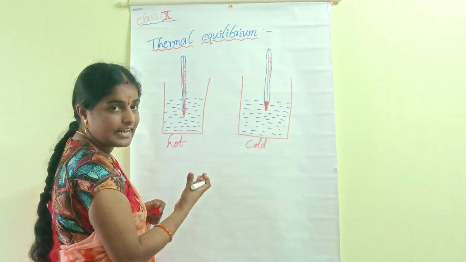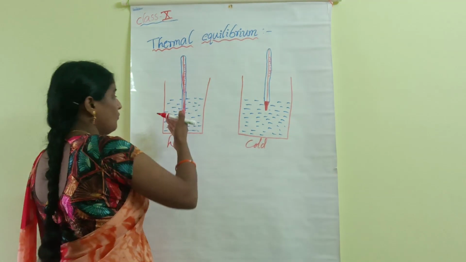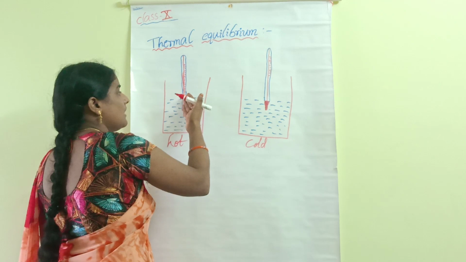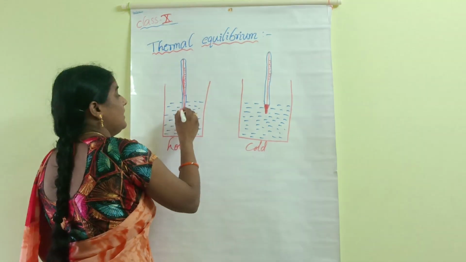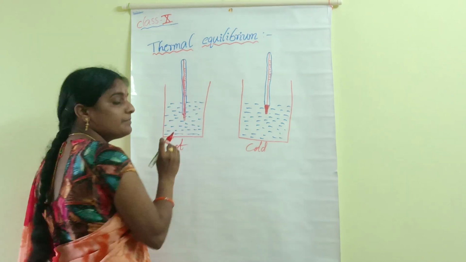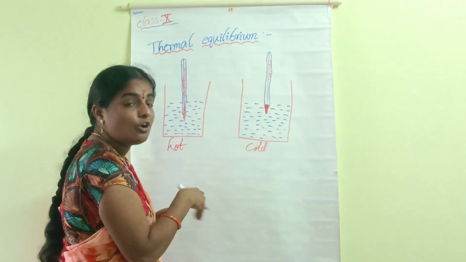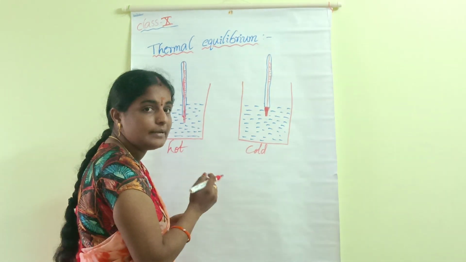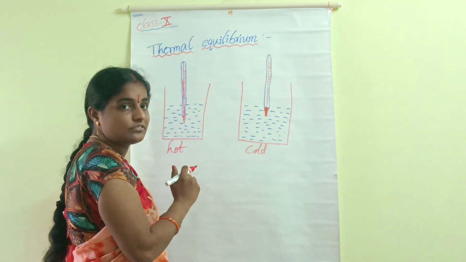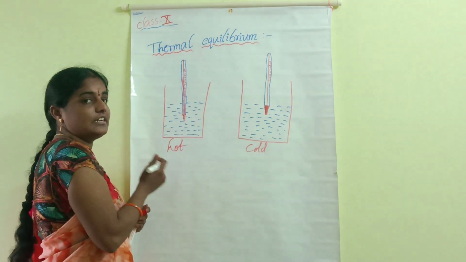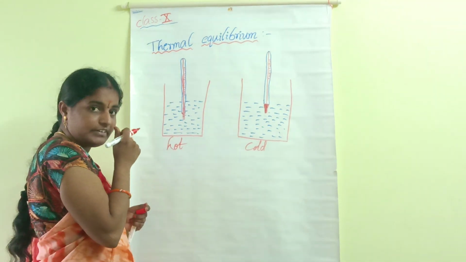Does the heat transfer take place from water to thermometer or from thermometer to water? When does this mercury line become steady without rising? At what temperature will it stop rising? These are the concepts that we have to understand in this activity.